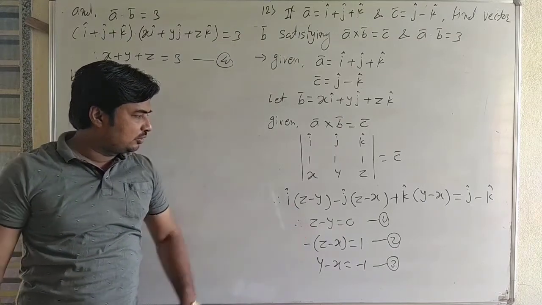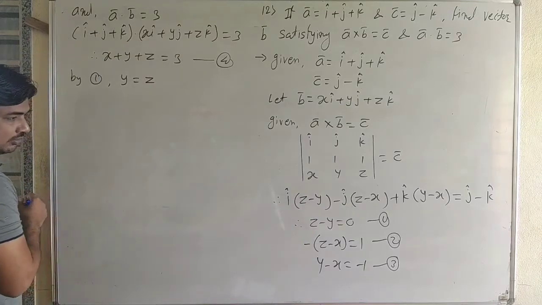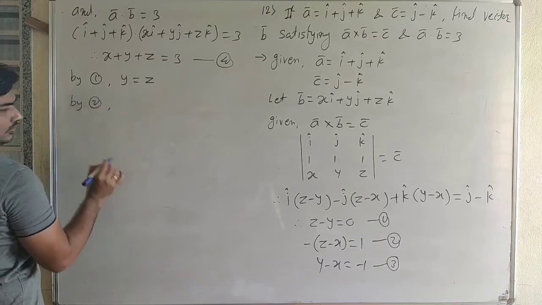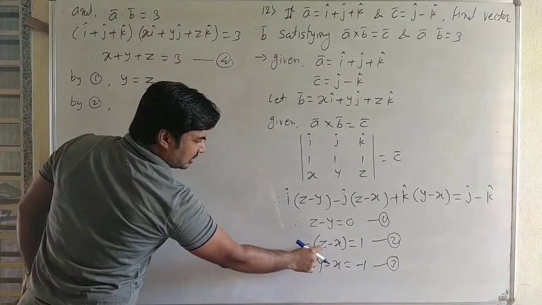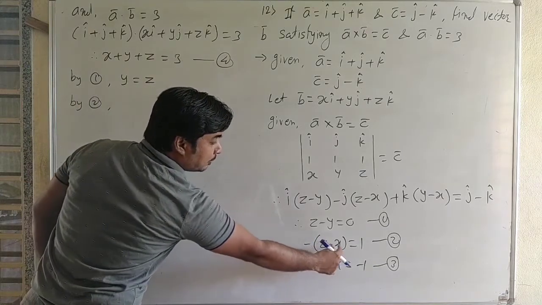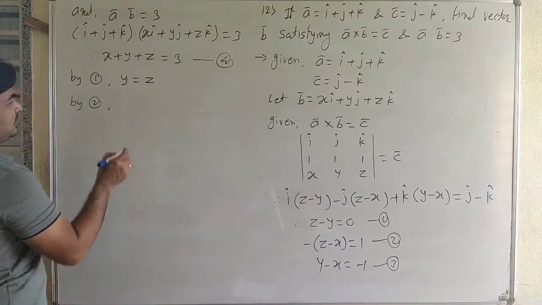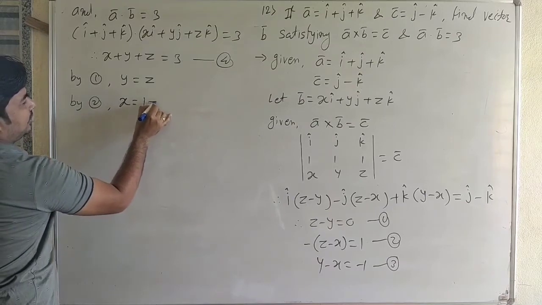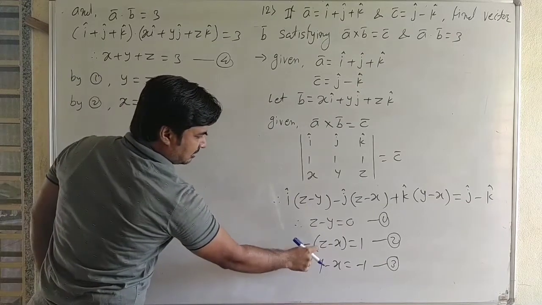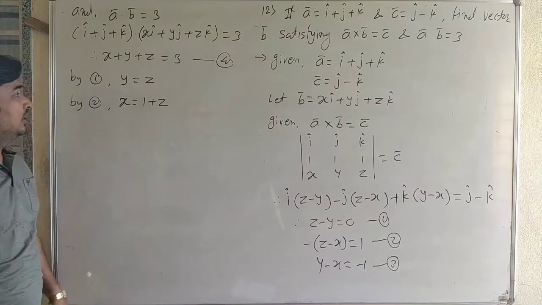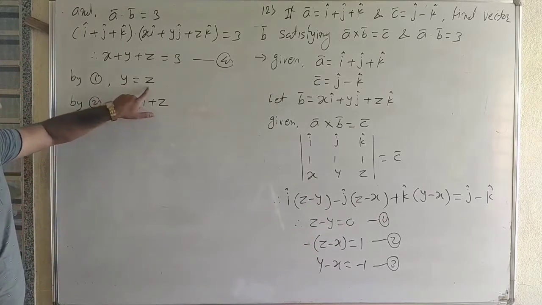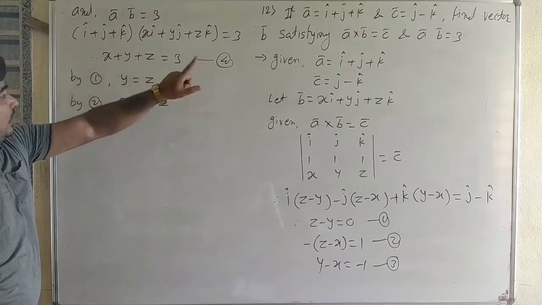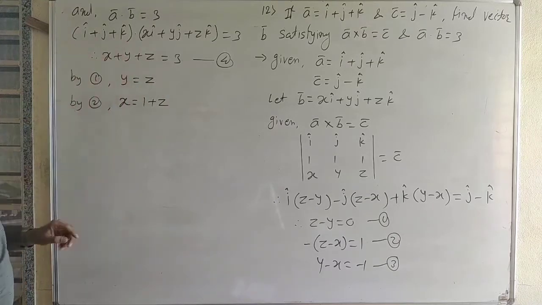And by equation number 2, it is minus z minus x, therefore minus z plus x, so x is equal to 1 plus z, since minus z becomes plus. Here x is equal to 1 plus z. We have y in terms of z, x in terms of z, and z is also z. Therefore these two values are put in equation number 4.